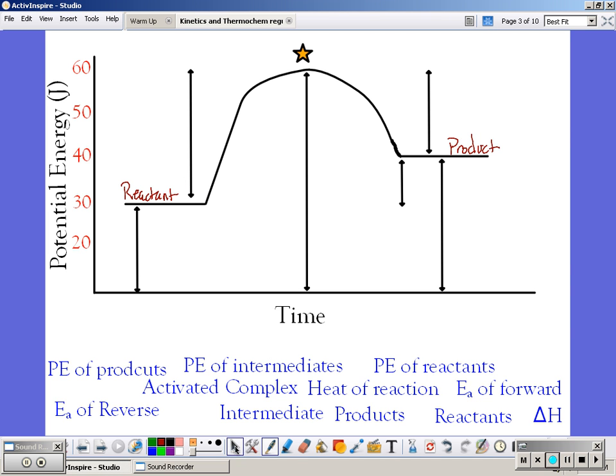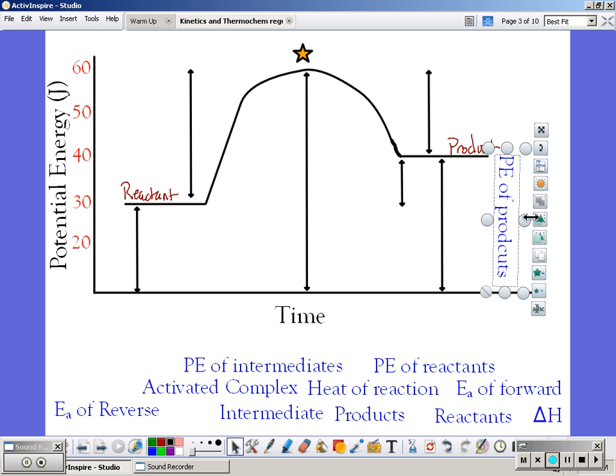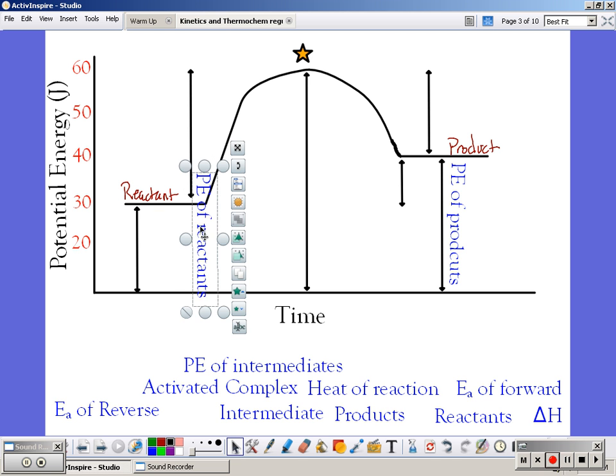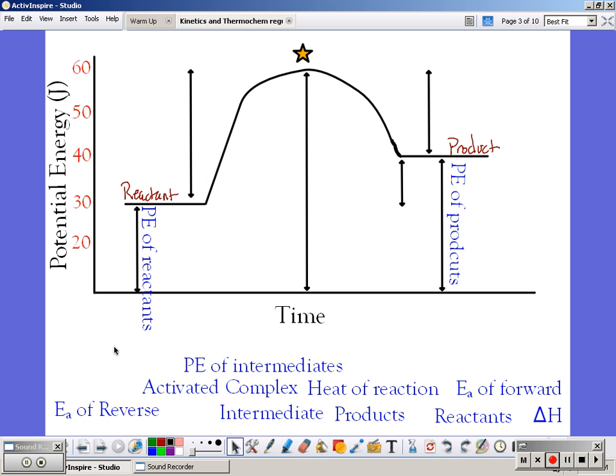So the potential energy of the products would be the arrow that goes from the x-axis to the spot where our products are found. Potential energy of the reactants would be from the x-axis to the reactants.